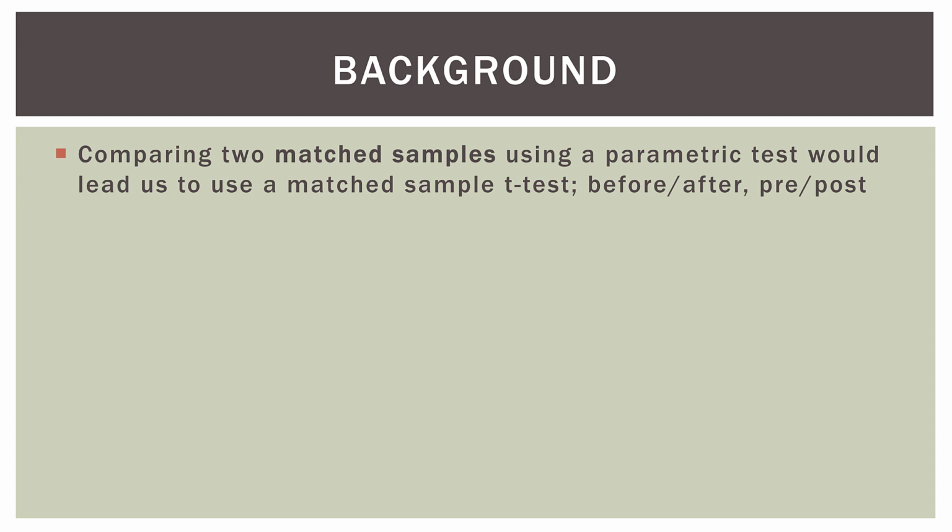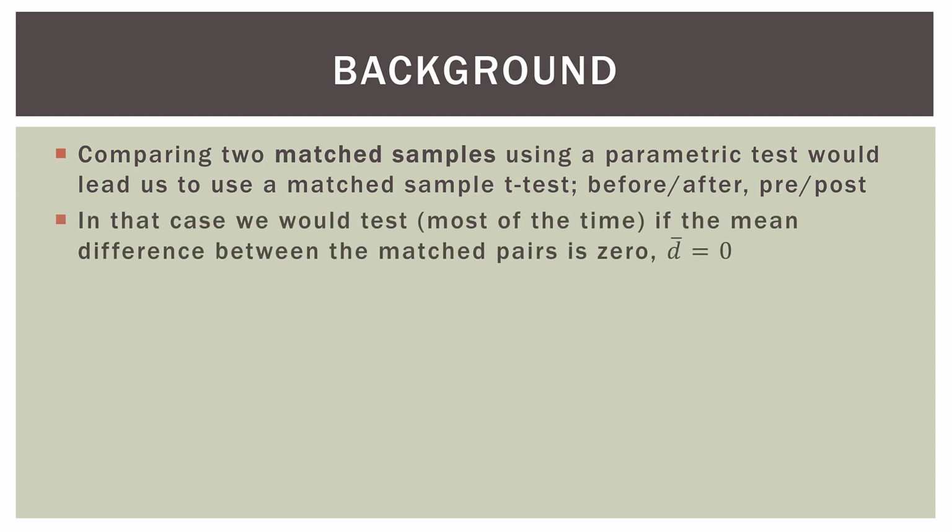Maybe there was training method A for each employee, and then we did training method B for each employee, the same employees, and then we analyzed how those changed between methods A and B. So that was a matched sample t-test. In that case, we would test, most of the time, if the mean difference between the matched pairs is 0. So the mean difference, d bar, equals 0.